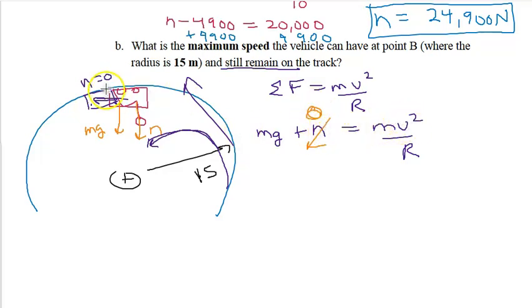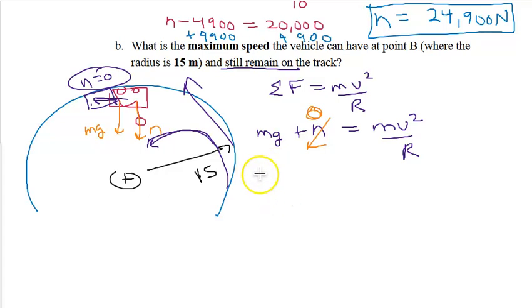Okay, so we're going to find how fast I need to go for the normal to be 0 for a split second. And if I go slower than that, it's going to happen sooner rather than just for a split second at the top. Okay, so the mass does cancel, but they did give it to you. So I think it's 500.